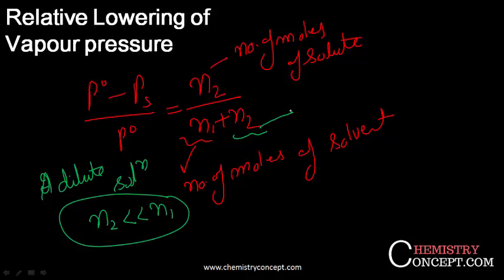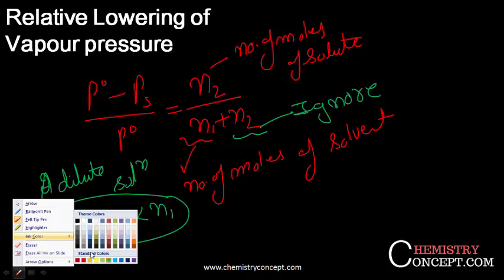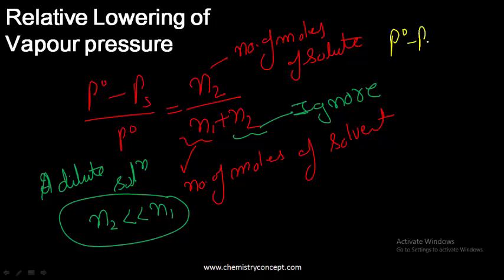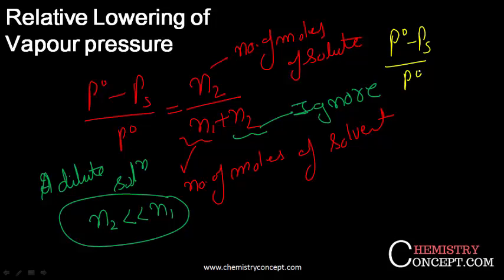So from the denominator we can ignore this, and when we ignore it, we get a new form, that is (P naught minus Ps) by P naught is equal to N2 by N1.